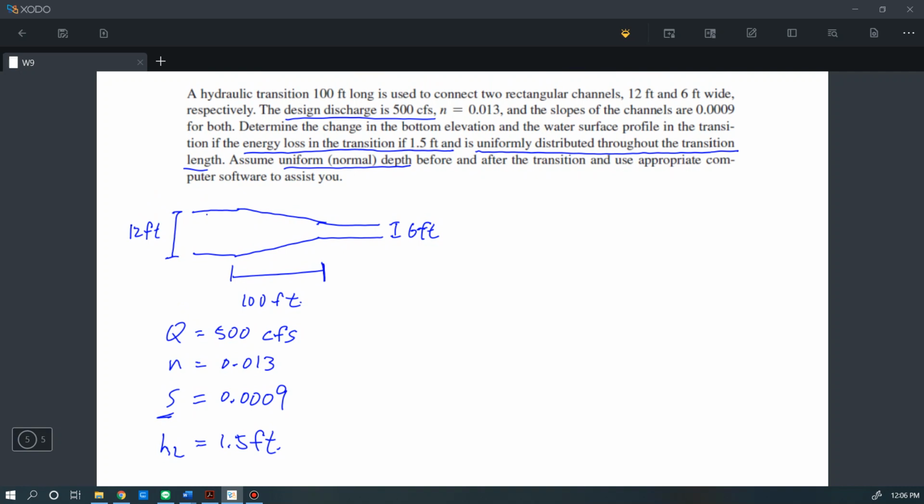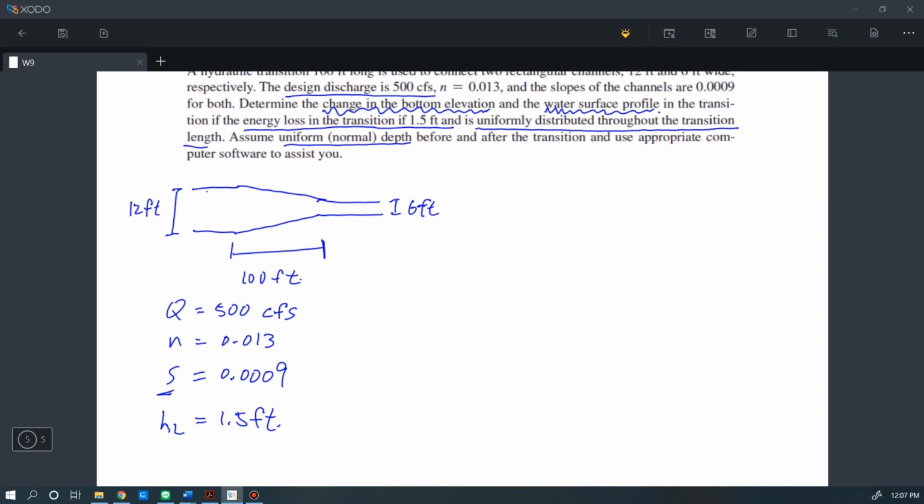Okay, we want to solve the change in the bottom elevation and the water surface profile to satisfy this condition.